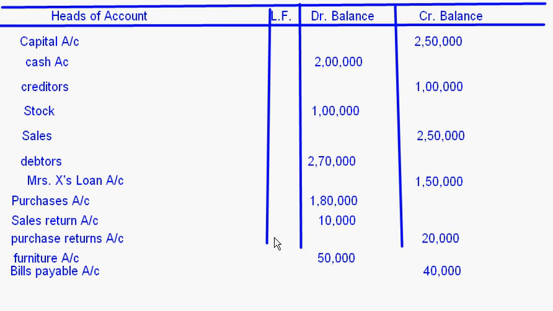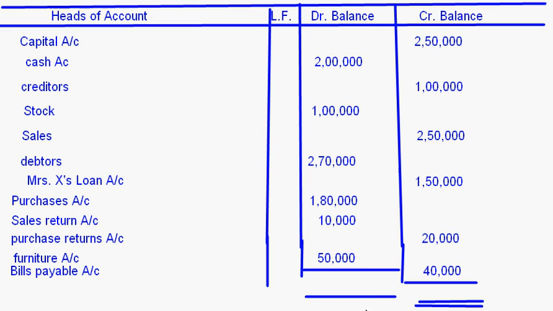Now the final test of the trial balance is, once the balances have been put, after that we have to see whether the debit balance and the credit balance are tallying or not, right? Okay. So here you have to add the debit side and the credit side balances, right? So let's add this. First of all, let's do it for the debit balance, right?